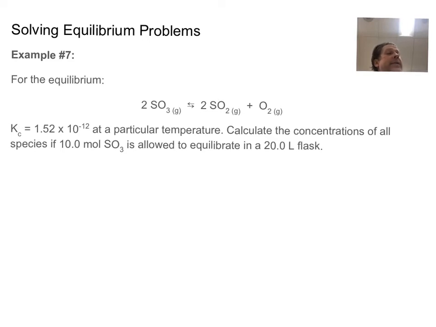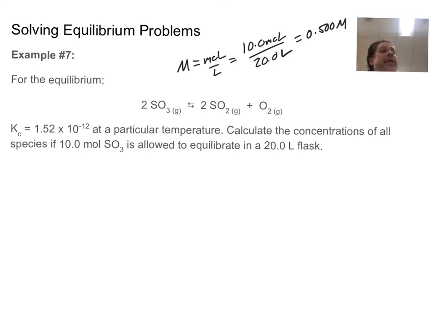So the first thing that I see that I need to do is take molarity is equal to moles per liter. I'm going to take the 10 moles over the 20 liters, and that will give me 0.500 molar. So I'm going to set up my ICE table.